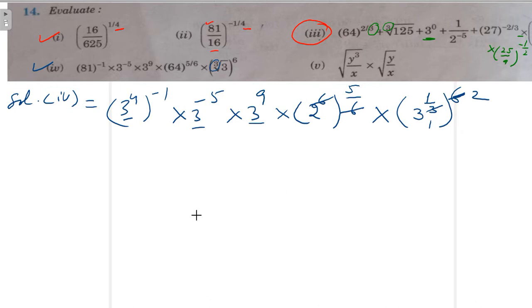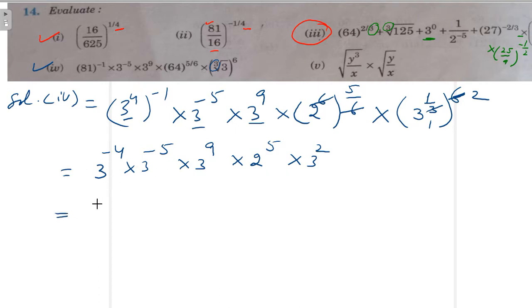So what we are going to do here is 3 raised to power, this is minus 4, and this is raised to power minus 5, and this is raised to power 9, and this has become 2 raised to power 5, and this has 3 raised to power 2.